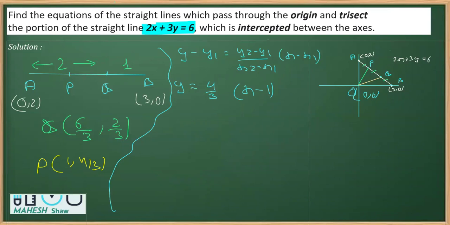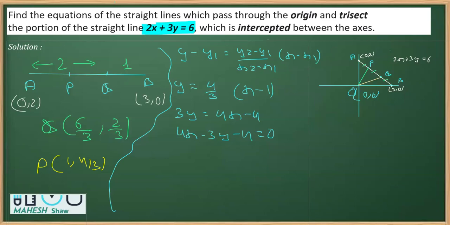So I can ignore this denominator and do cross multiplication to get 3y equal to 4. If I open this bracket, it is 4x minus 4. So I can write this standard equation as 4x minus 3y minus 4 equals 0. So this will be the equation for the first one.